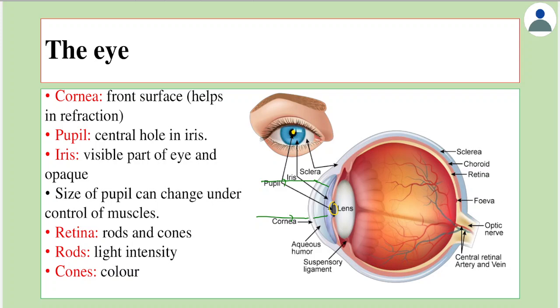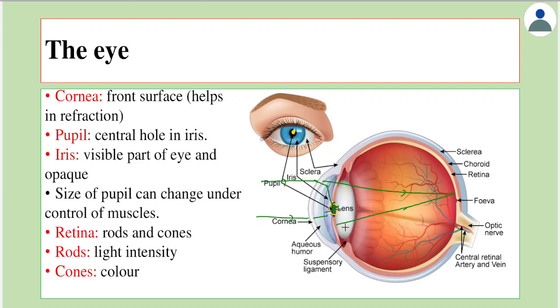After light enters through the pupil, it falls on this lens, and this lens acts like a convex lens. We have learned that a convex lens would converge light rays, so these light rays are further converged to a point on the retina, and finally the image is formed on the retina of the eye.